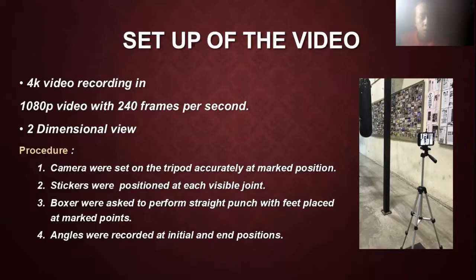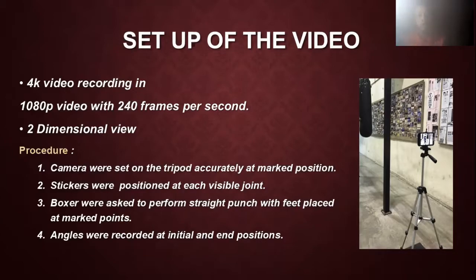For the procedure, the camera is set up on the tripod accurately at the marked position. Next, stickers are positioned at each visible joint. The function of the stickers is to make it easier to get accurate points for the kinematics.